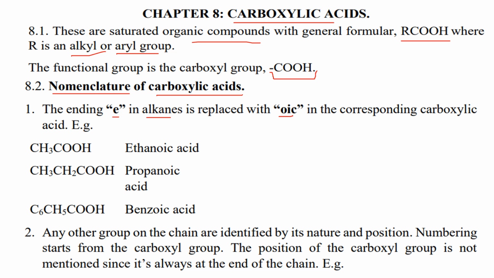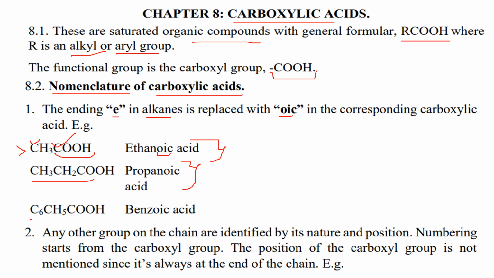For example, ethane means that you have two carbon atoms, so the ending in ethane we replace with OIC and it becomes ethanoic. The functional group here is COOH on each and every carboxylic acid. So this compound, since it has two carbon atoms, is called ethanoic acid. This compound, since it has three carbon atoms, is called propanoic acid.